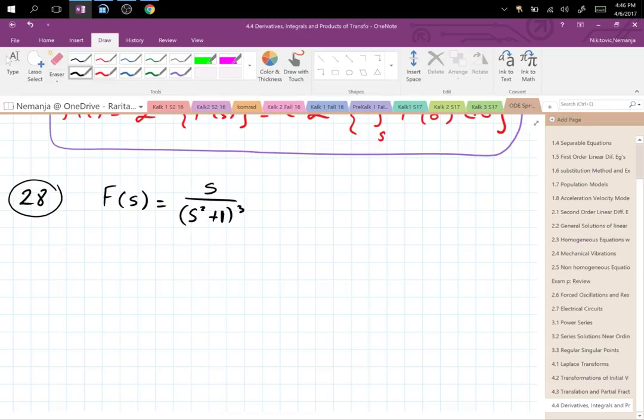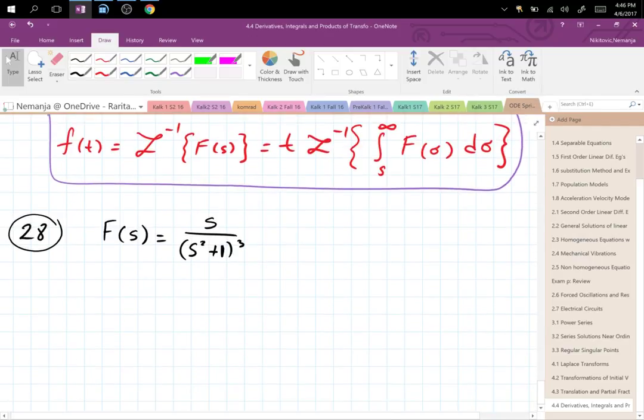So let's do this the proper way. You're looking at this. All other options are not friendly. So your f of t is immediately t times the inverse Laplace of the integral from s to infinity, and now you change all these x to sigma.